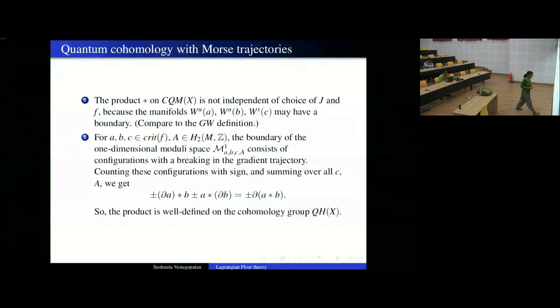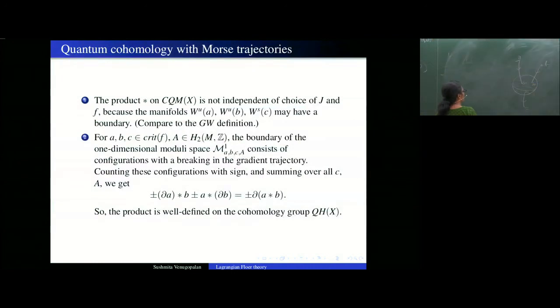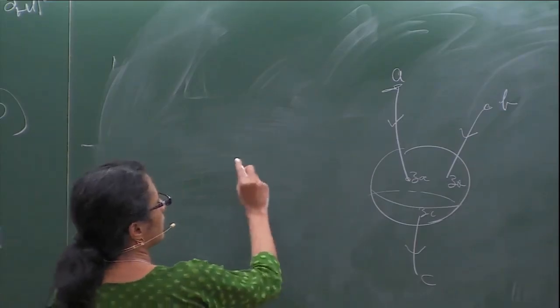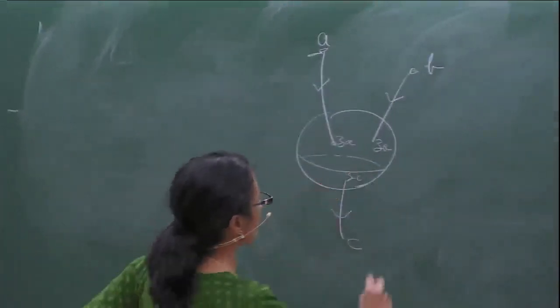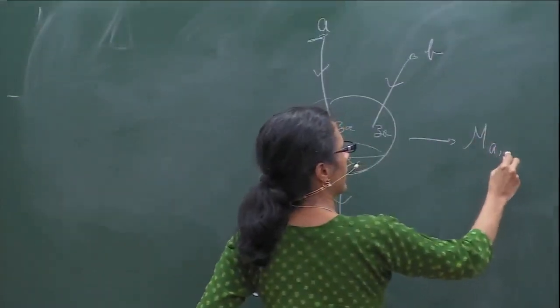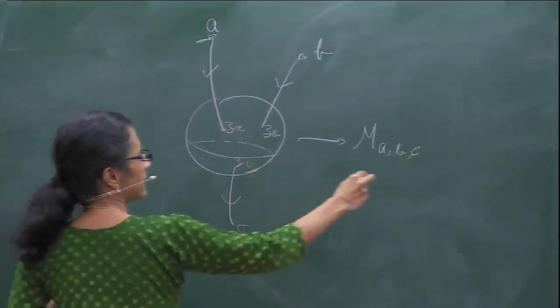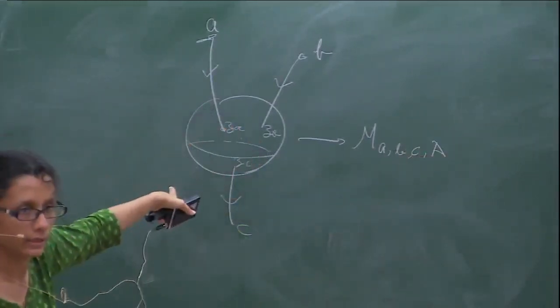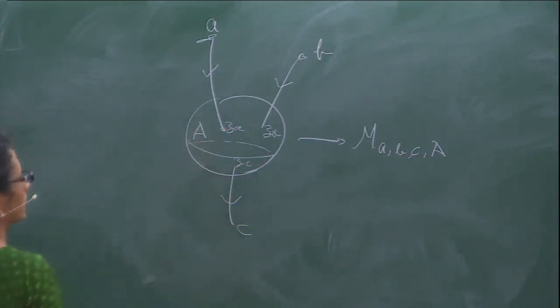So let's see. Let me call the moduli spaces of these things M(A, B, C), where capital A is the homology class of the sphere. If I consider the one-dimensional moduli space of these spheres and look at the boundary, what are the possible configurations that can occur? What are the phenomena that show up when you take a codimension 1 boundary?